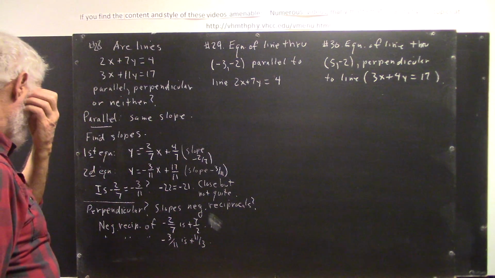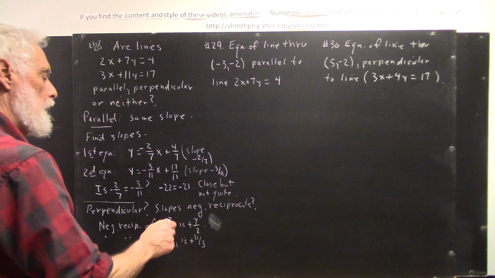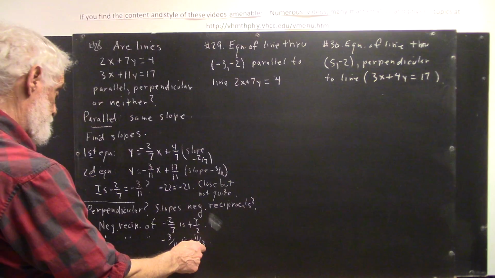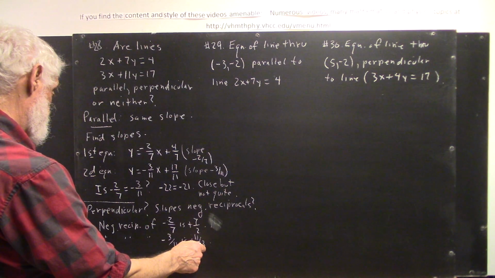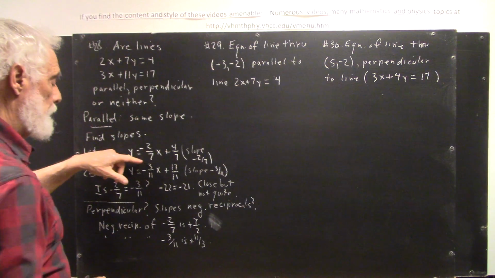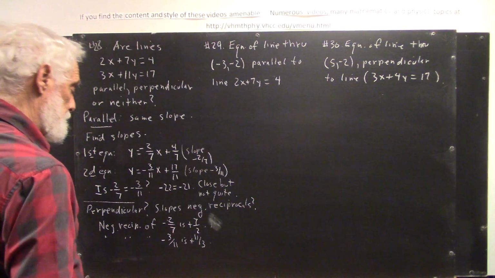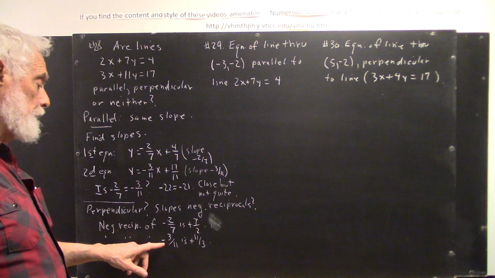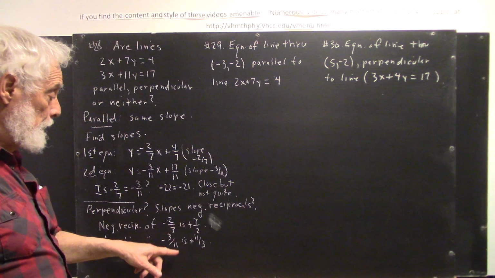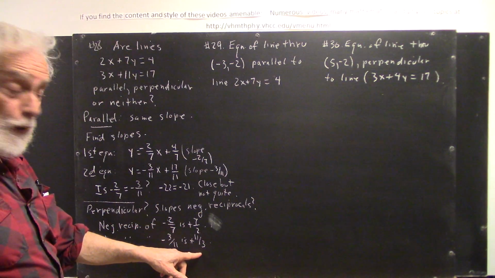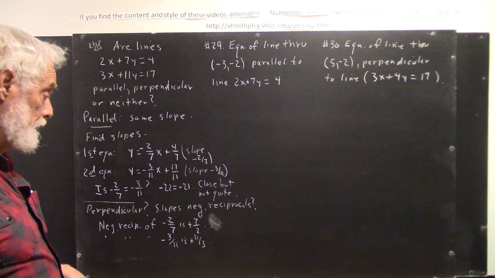Now, this isn't the negative reciprocal of this. I'm sorry, let's be careful. The slope here is negative 2/7, so I was right. Negative 2/7 is not the negative reciprocal of negative 3/11 because 7/2 is not 11/3. It's not even of the right sign. This is positive, this is negative.